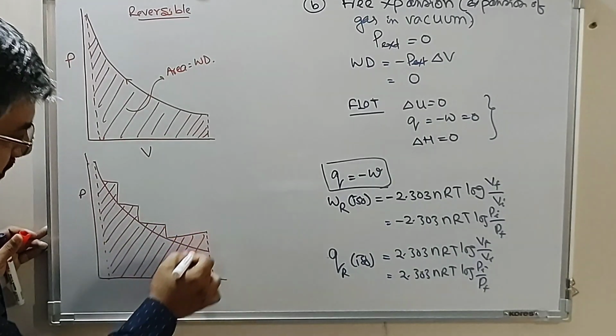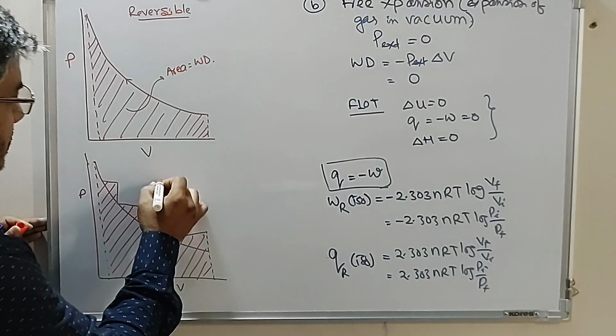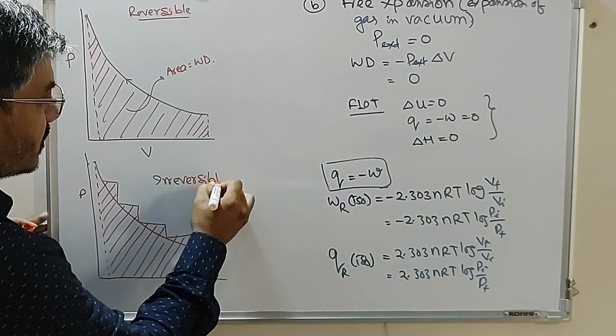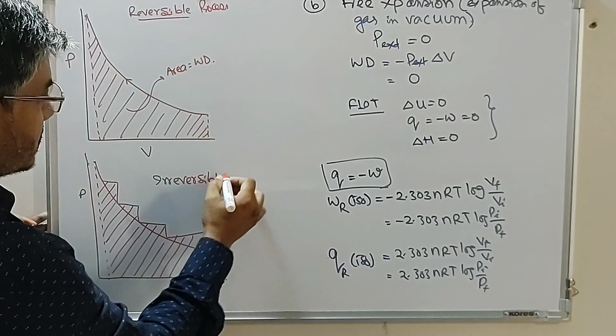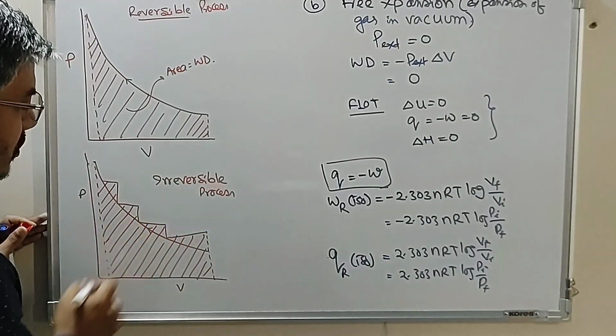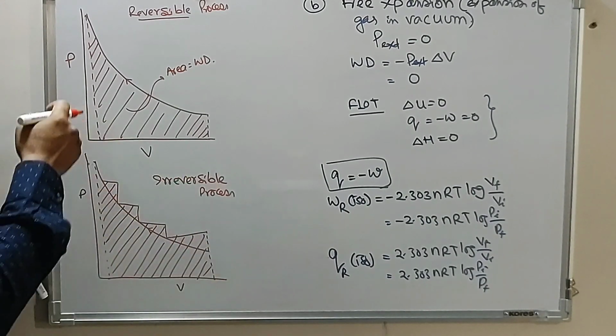So simply saying, work done is the area under a graph. This is the irreversible process, this is the reversible process. We have compression work, because we are decreasing volume. We are going from this value to this value.